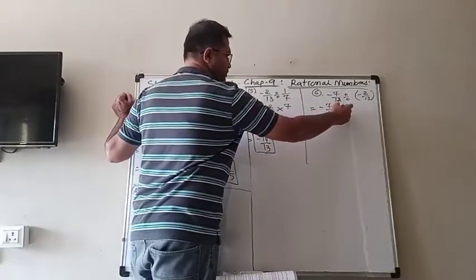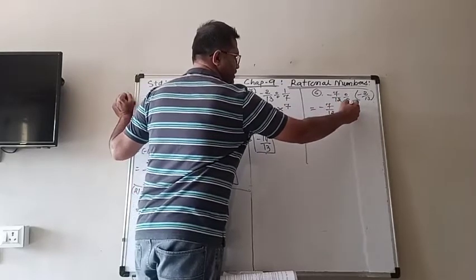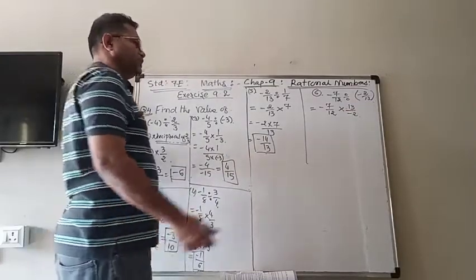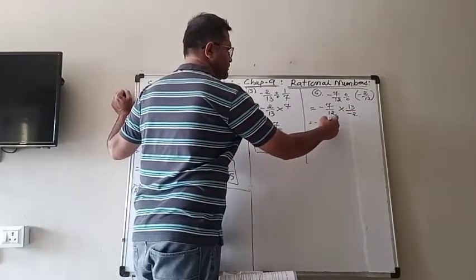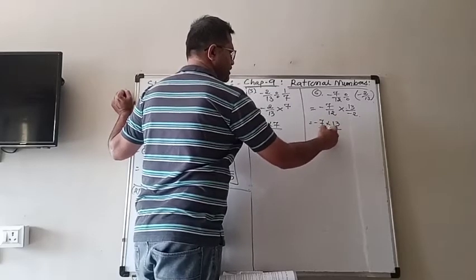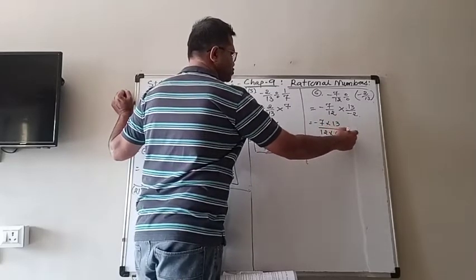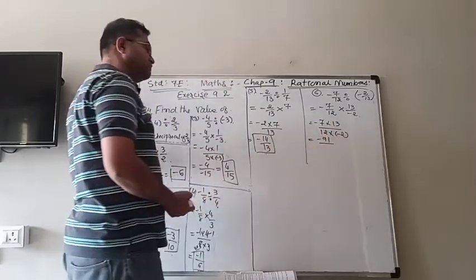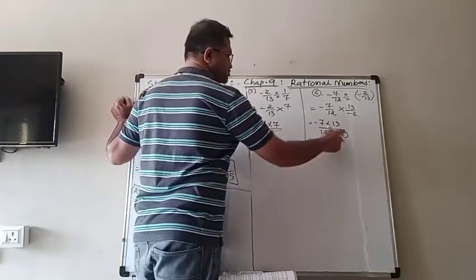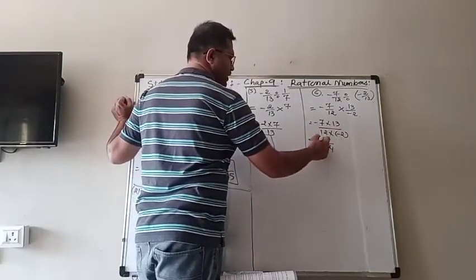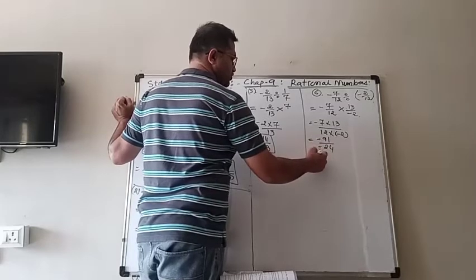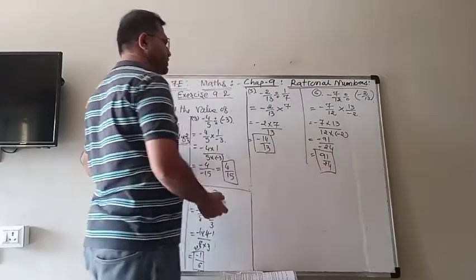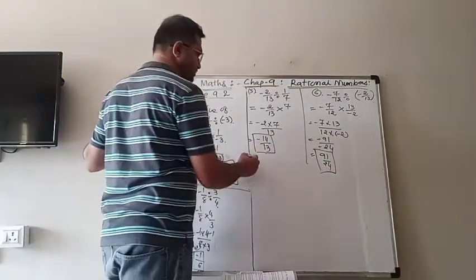Divide is converting into multiplication, and reciprocal is 13 upon minus 2. So that is minus 7 multiplied by 13, 12 multiplied by minus 2. 13 sevens are 91, so minus 91 upon 12 twos are 24. Now both are minus sign, so you can cancel the sign and put a positive sign, or don't put any sign.